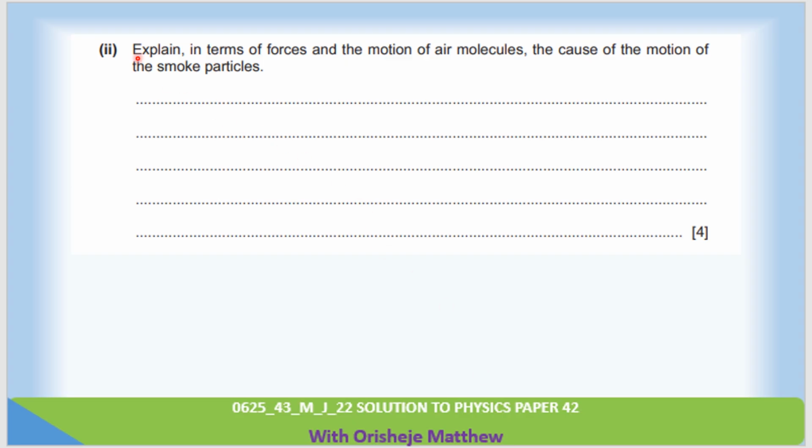All right, let's go to explain in terms of force and the motion of air particles the cause of the motion of the smoke particle. Now, air molecules bombard the smoke particle. You cannot see the air, but the smoke you can see. So as the air is bombarding the smoke, it produces motion.